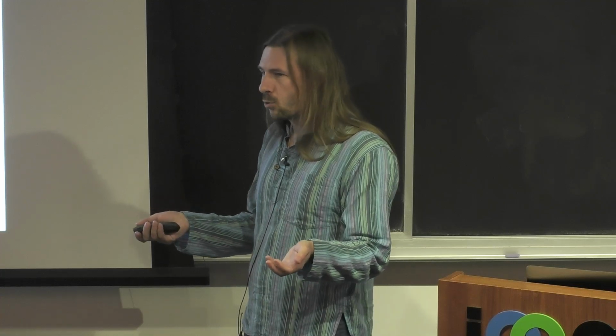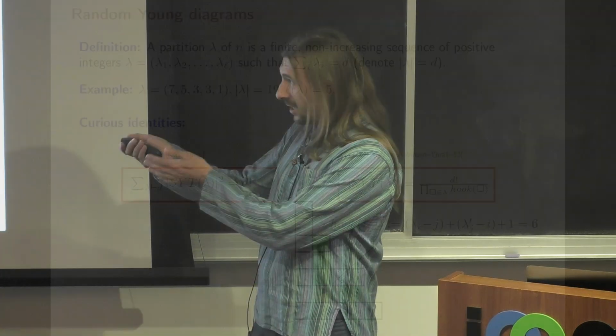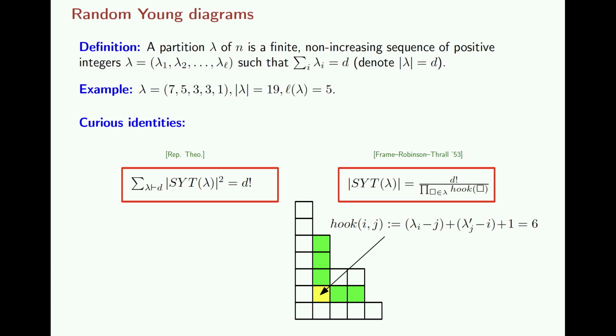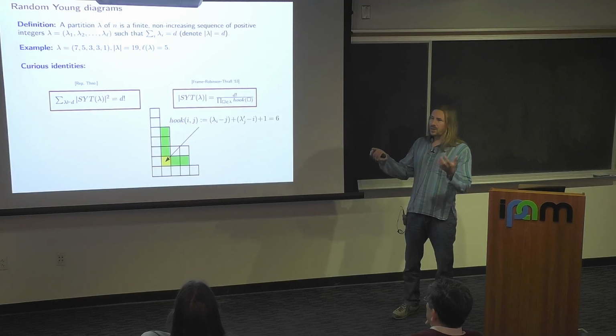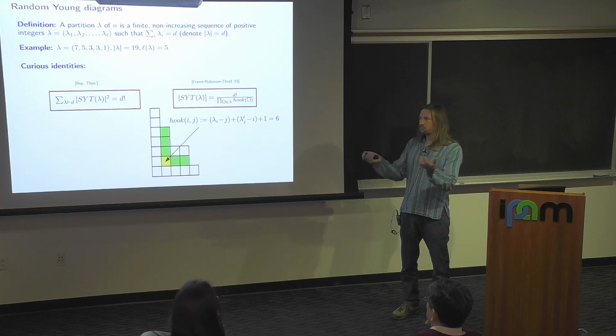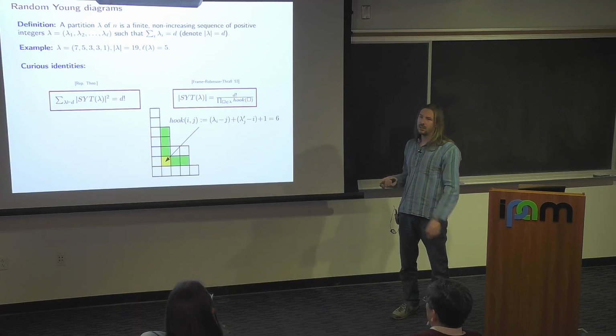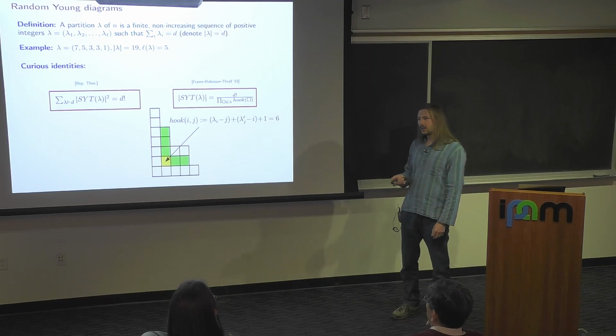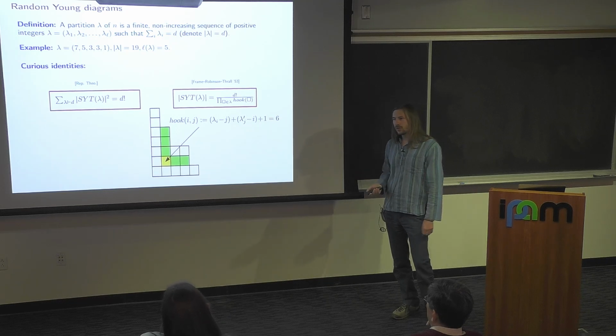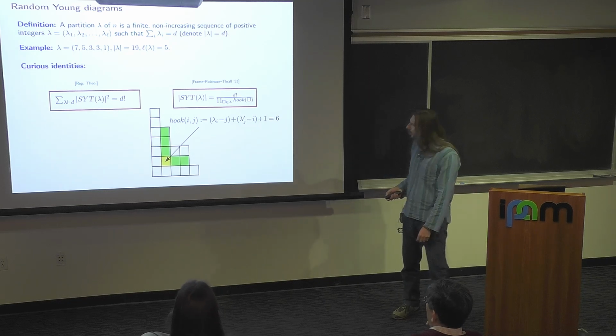This construction actually works for an arbitrary finite group. But in the case of the symmetric group, your random Young diagram is sampled proportionally to the number of standard Young tableaux squared. So in other terms, you're trying to ask: what is a typical random irreducible component if I decompose the regular representation of the symmetric group?